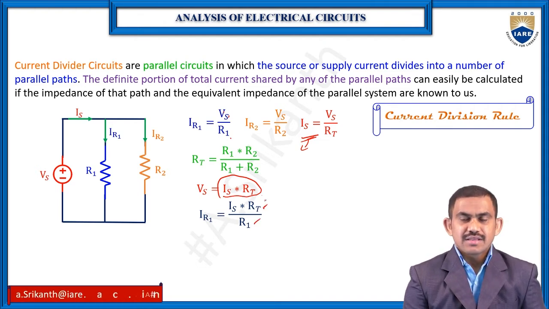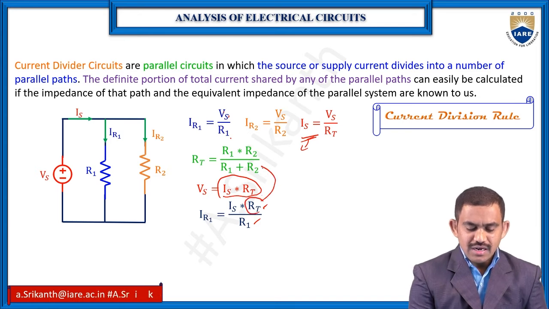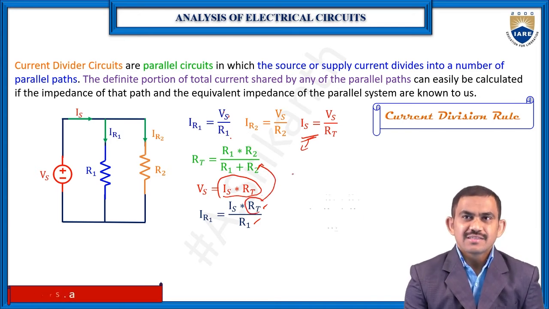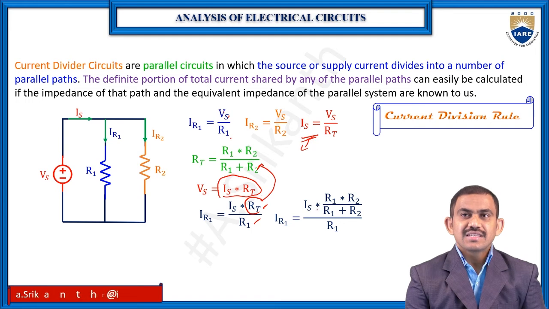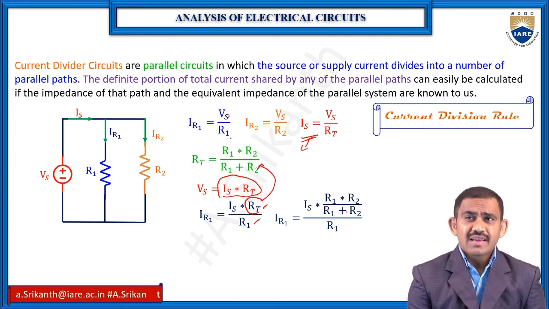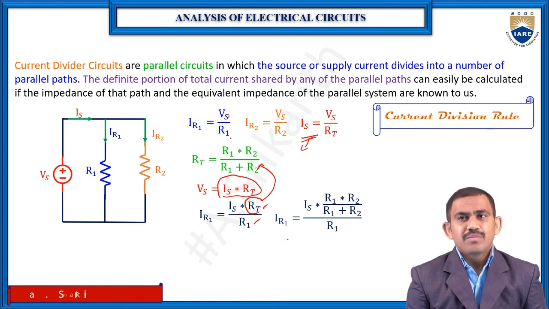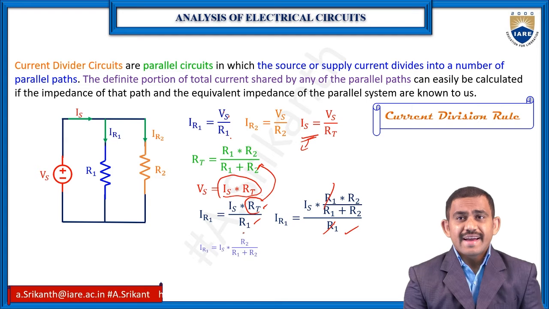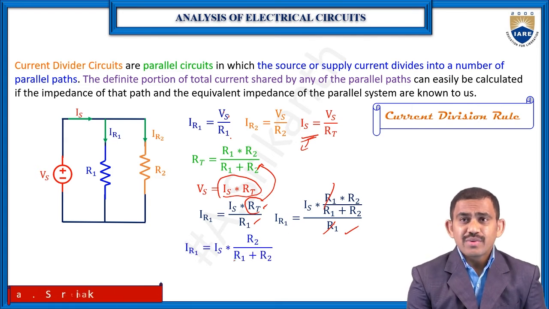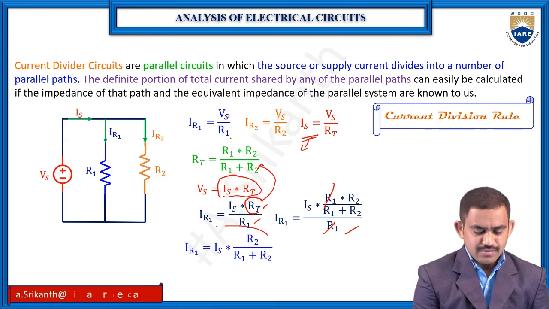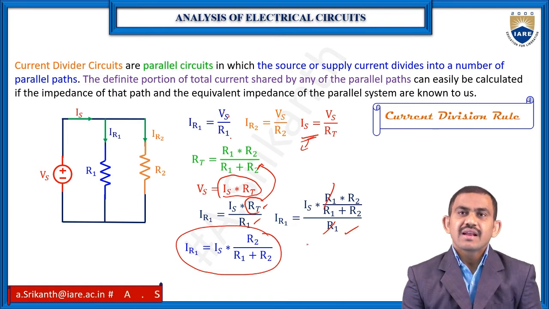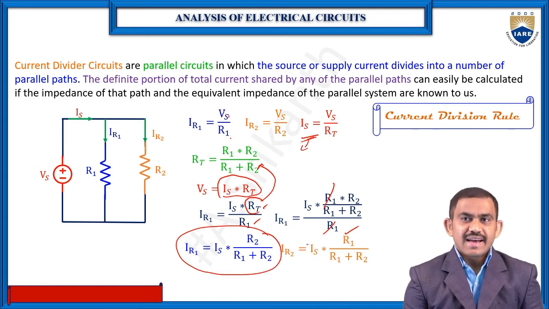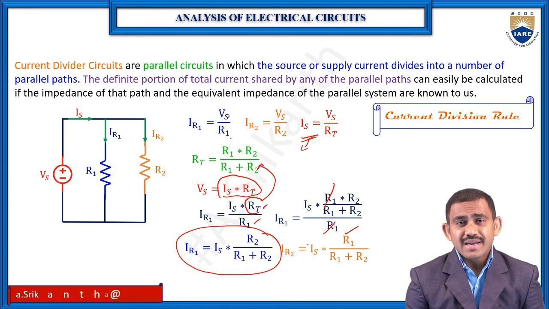Now substitute this R total in IR1, so you will get Is into R1 into R2 by R1 plus R2, by R1. Now R1 cancels, so you will get IR1 equal to Is into R2 by R1 plus R2. Same as your IR2. IR2 will be Is into R1 by R1 plus R2.